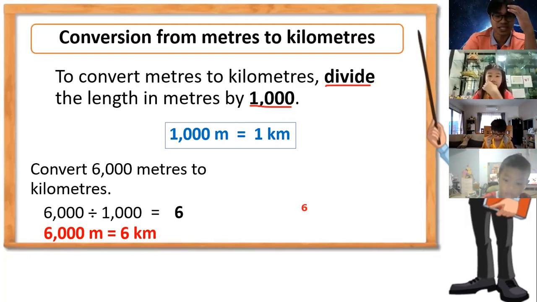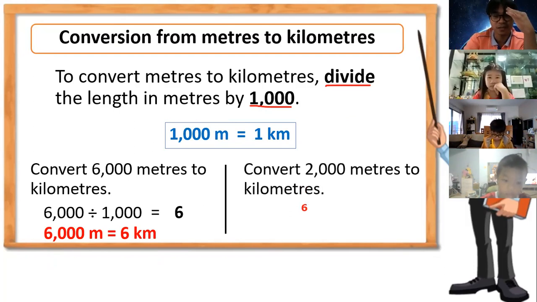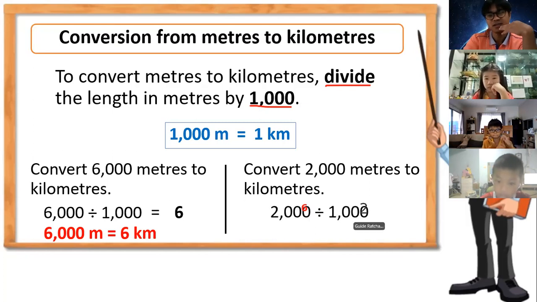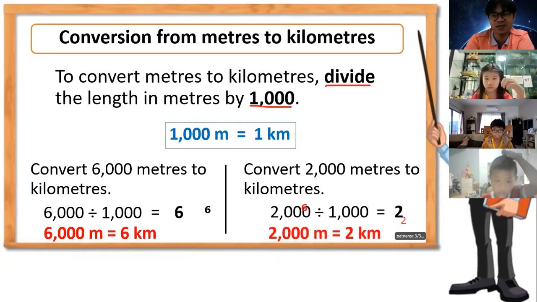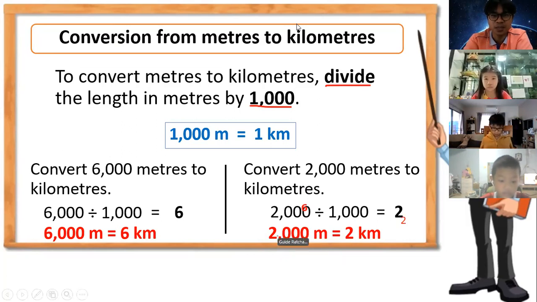Very good. Another example: 2,000 meters to kilometers. 2,000 divided by 1,000 equals 2 kilometers.